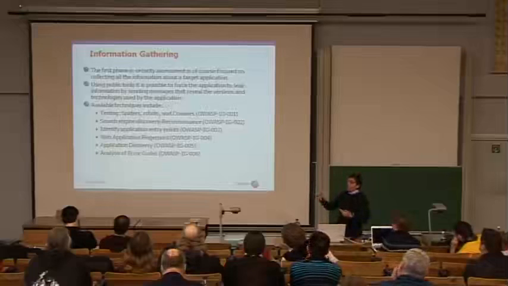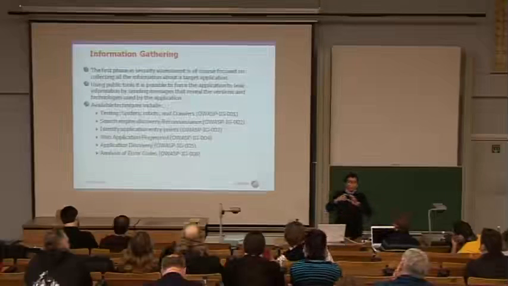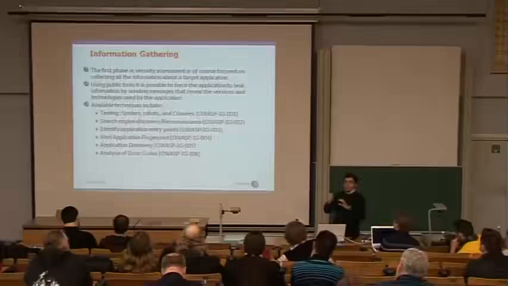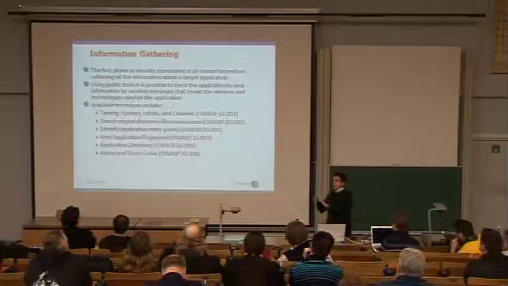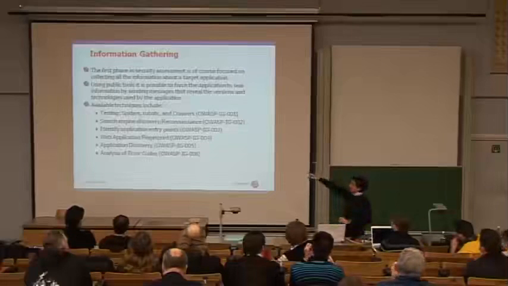By entry points I mean, for example, when there is a form on the web page, when you insert username and password, these are two entry points of the application, and these are something that you have to test, for example, for data validation.